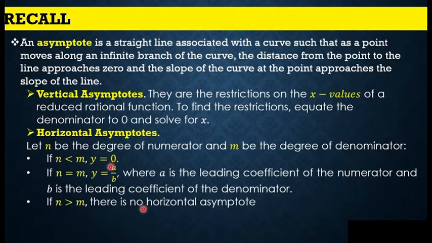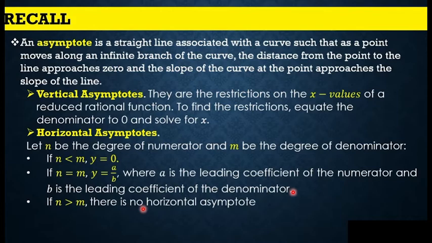If n equals m, pag the same po yung degree ng numerator and denominator, y equals a over b, where a is the leading coefficient of the numerator and b is the leading coefficient of the denominator.